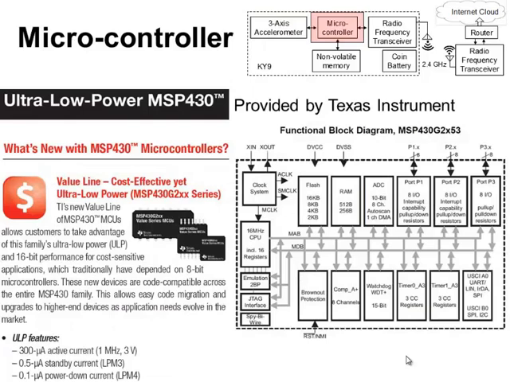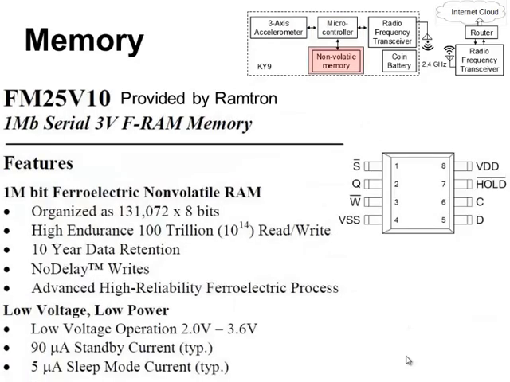The microcontroller is also the ultra low power grade MSP430 provided by Texas Instruments. And the memory we choose is the non-volatile ferroelectric RAM provided by the Ramtron company. So this can also be operated with a very low voltage, around 2 volts, and the current is very small, within the microampere range.